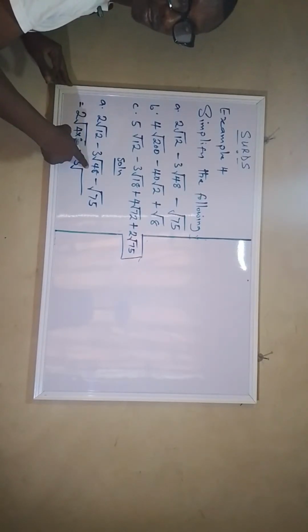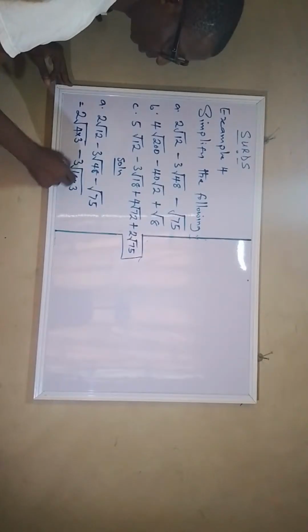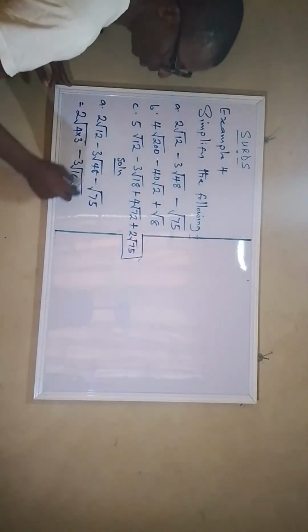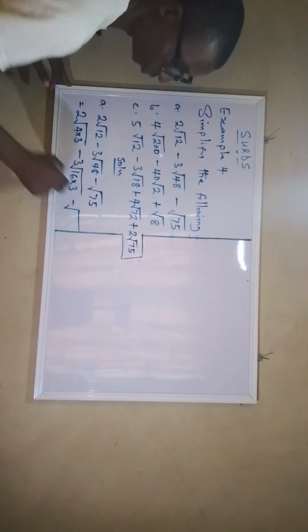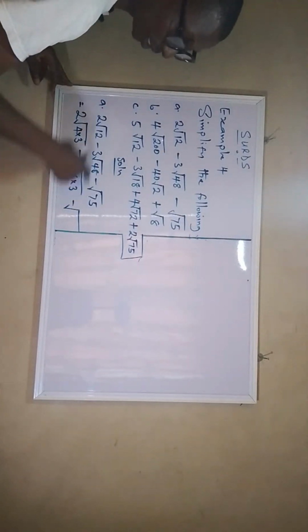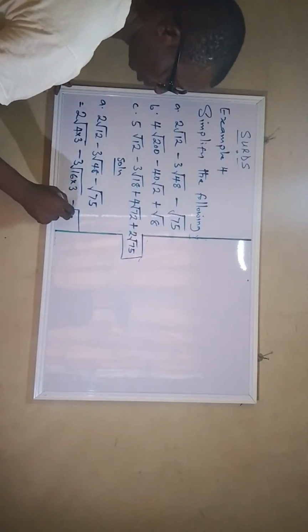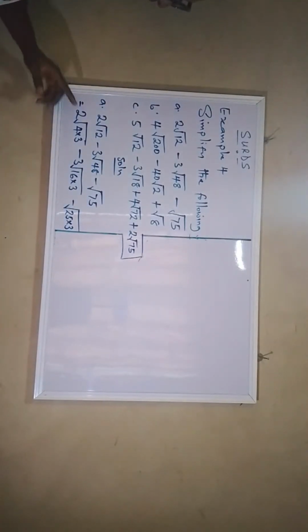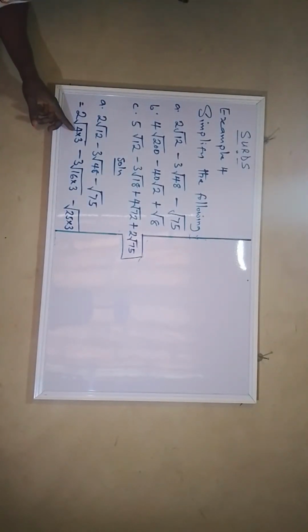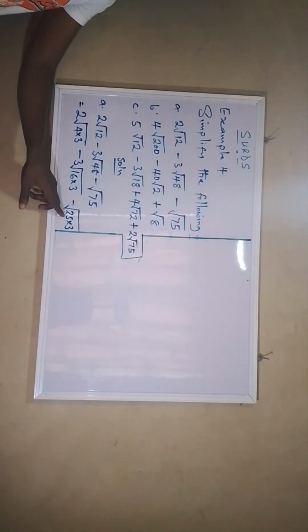That is going to be 16. 16 times 3, right? So the last one here, we have square root of the perfect square that will go here, 25. 25 times 3. Okay, so now you find the square root of 4, the square root of 16, and the square root of 25.